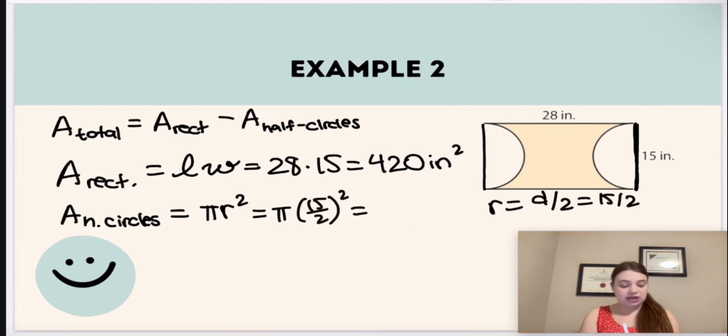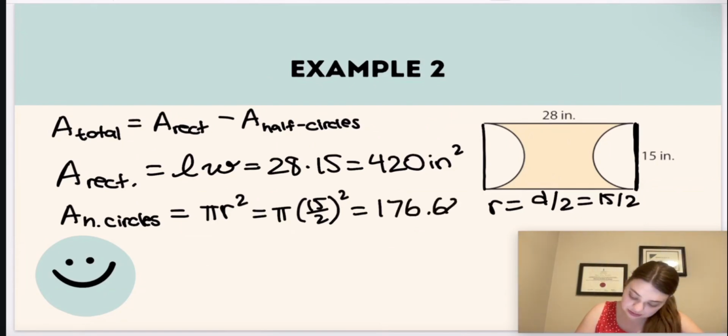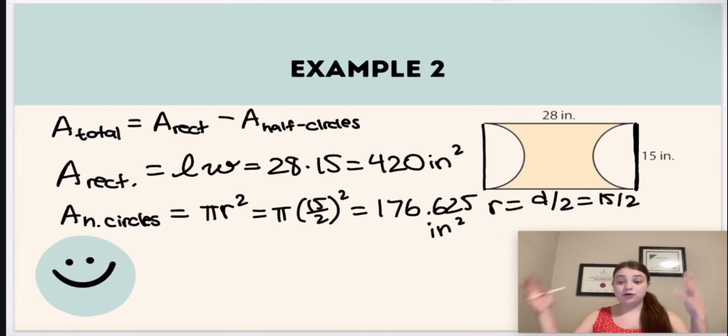We type into our calculator 3.14 times 15 over 2 squared, or you could use 7.5 squared instead if you wish. If we do that, we get 176.625 square inches. That's the area that is cut out by these two half circles together.